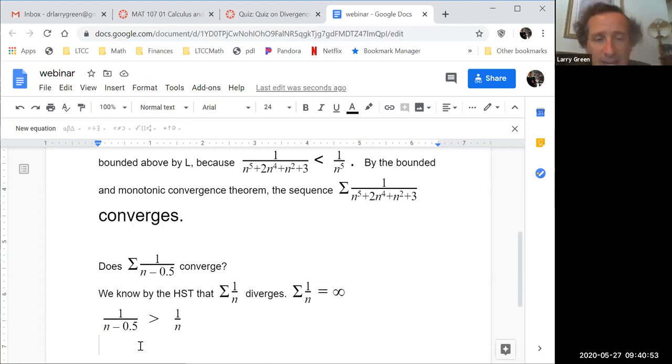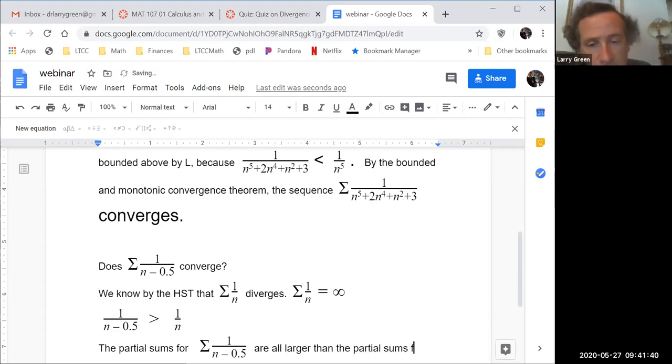So if we look at the partial sums for the series we're interested in, the summation of 1 over n minus 0.5, they are all larger than the partial sums for the harmonic series.